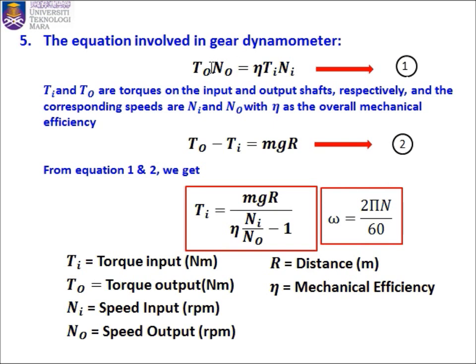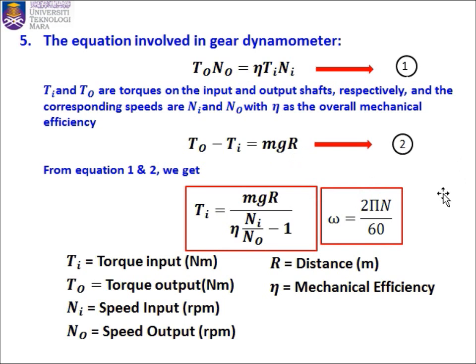T input and T output are the torques on the input and output shaft respectively, and the corresponding speeds are N input and N output, with mu as the overall mechanical efficiency. The next equation is T output minus T input equals mgR.